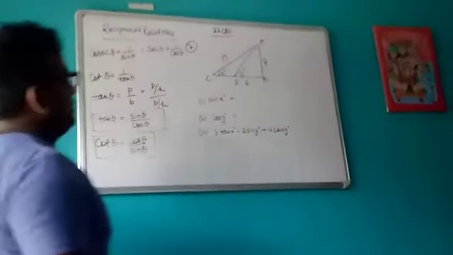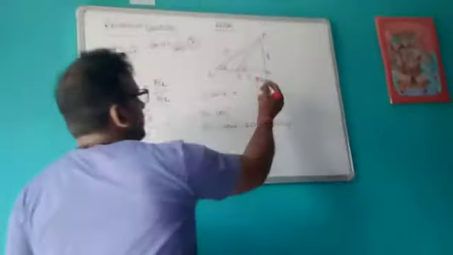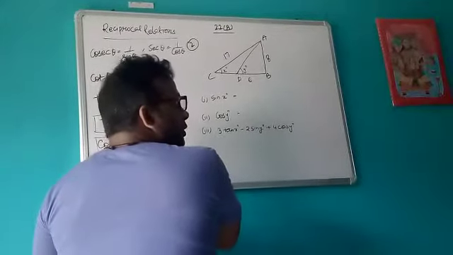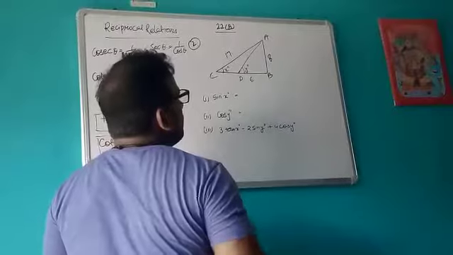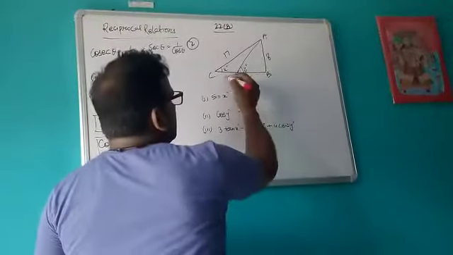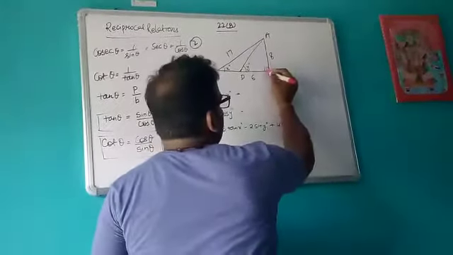Okay, let's discuss a few questions of this exercise. Suppose a figure is given like this, and this is 8, this is 6, and this is 17. So in order to find the values, what will we do first? First we will find the sides which are not given. So if you see, this angle is given as 90 degrees.